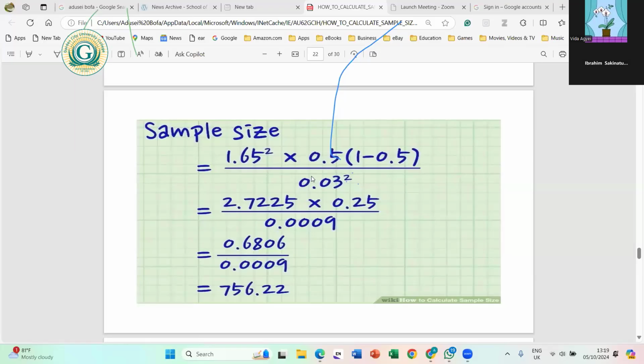As a biostatistician in that facility, how will you compute your sample size?